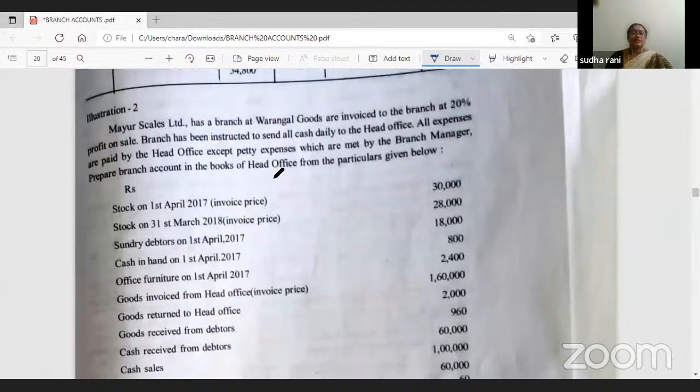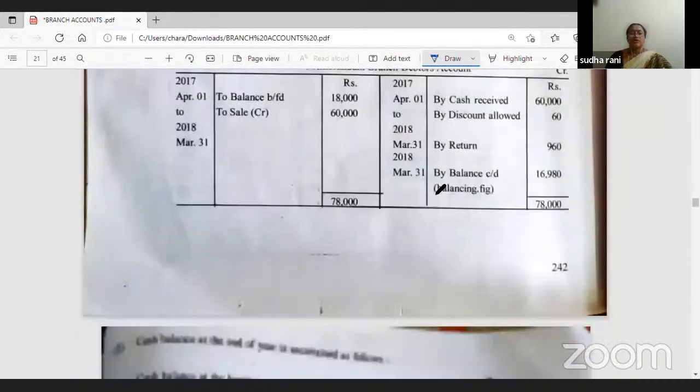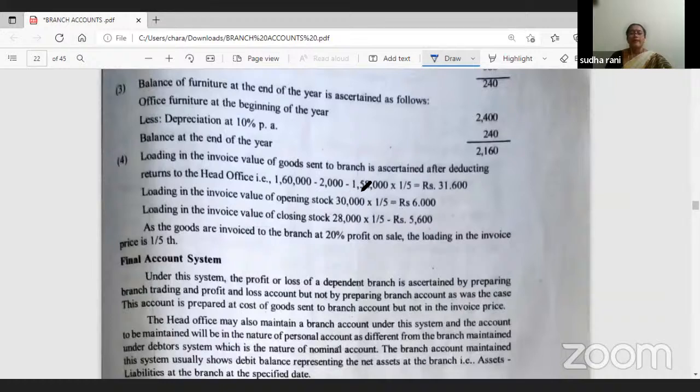20% profit on sale. So the opening stock and closing stock, whatever is there, are at invoice price. Now 20% means here you are supposed to find the cost price. 30,000, 20% simplified, 20 by 100 is nothing but 1/5.